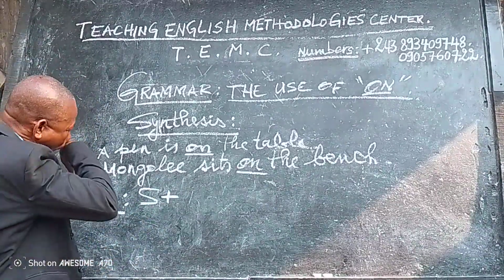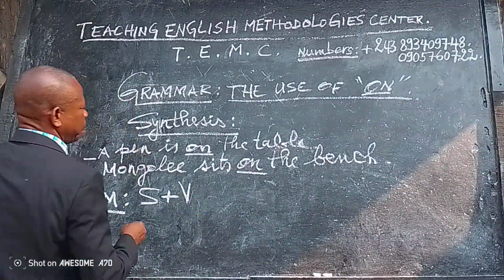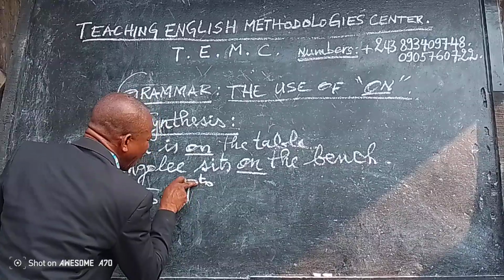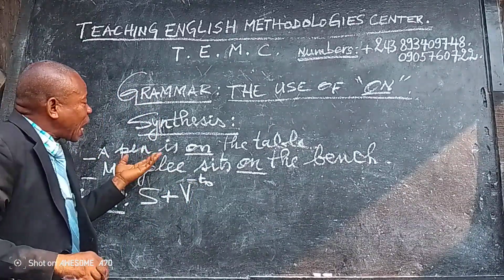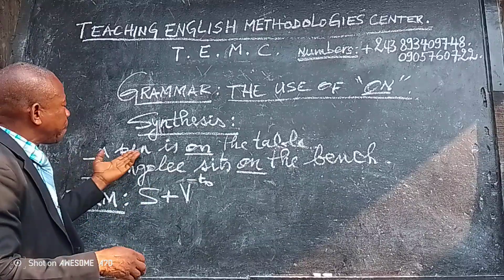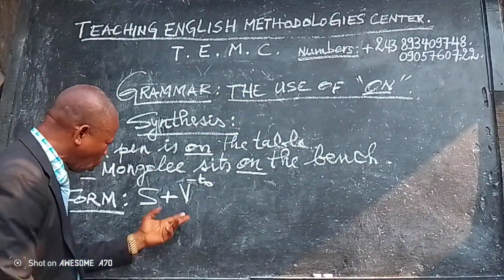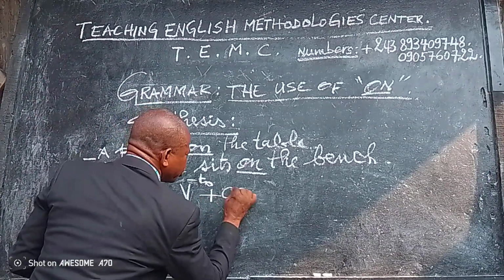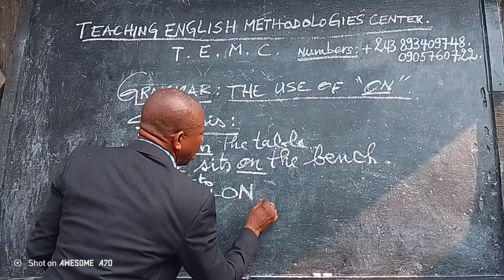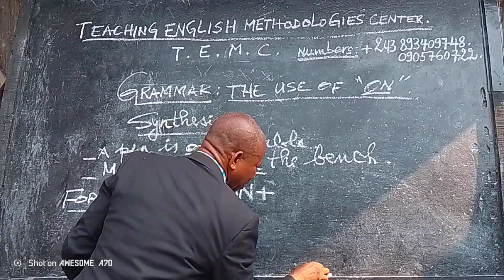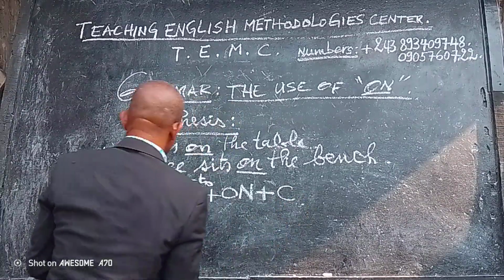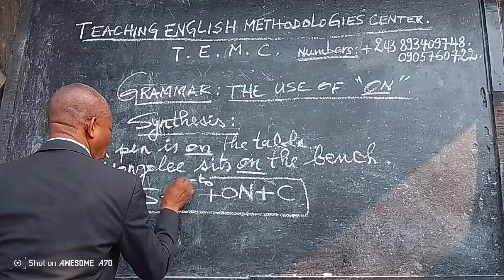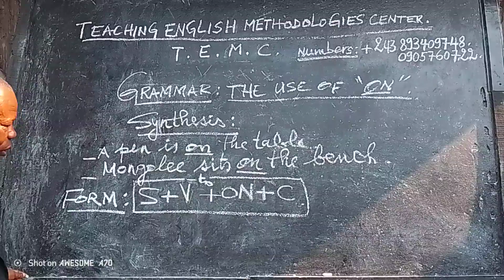Plus verb. Plus verb. Here the verb can't be a pen, it is no. So we have verb plus the structure taught, which is on, plus what we call complement. So this is the form of the structure taught.